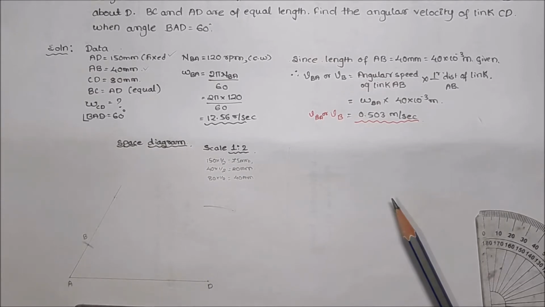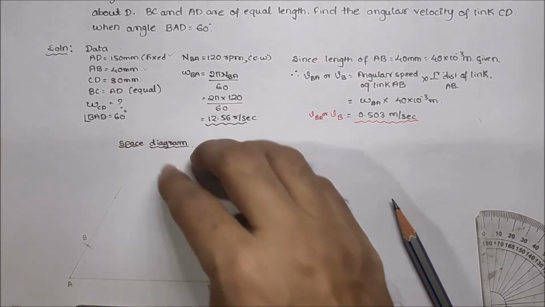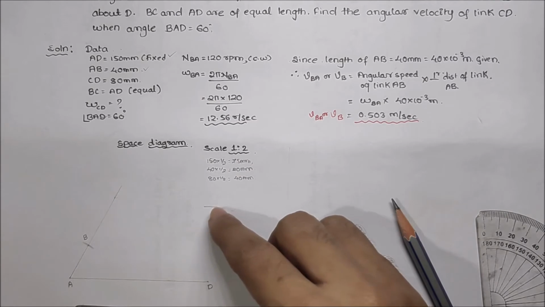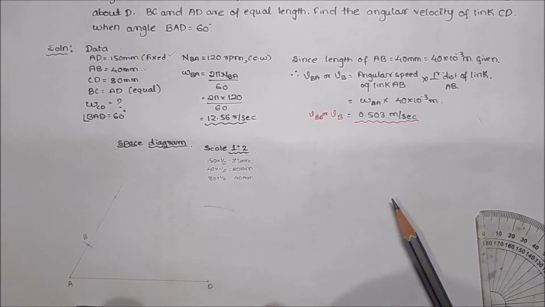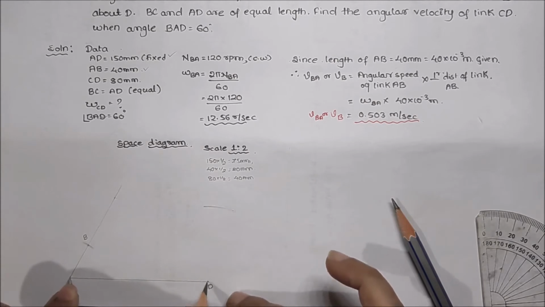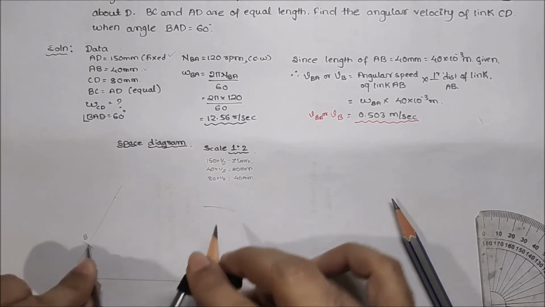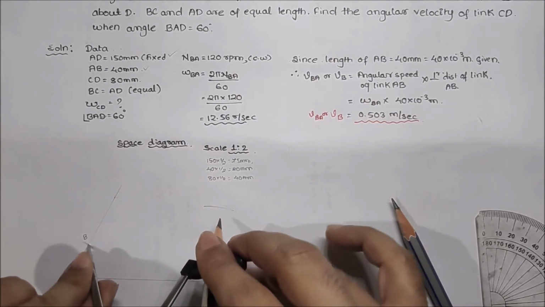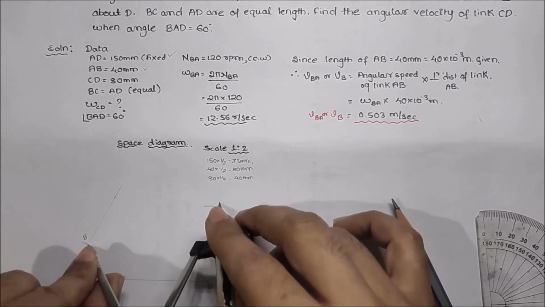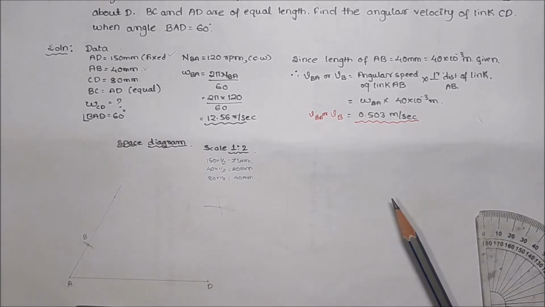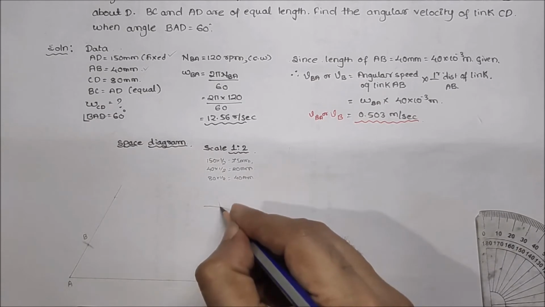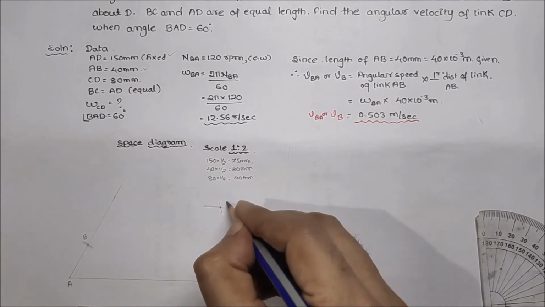Then measure B to C equal to 150, so that should be equal to 75. So take this itself only as 75. Keep the point at B and cut an arc, so that this particular point, name it as point C.